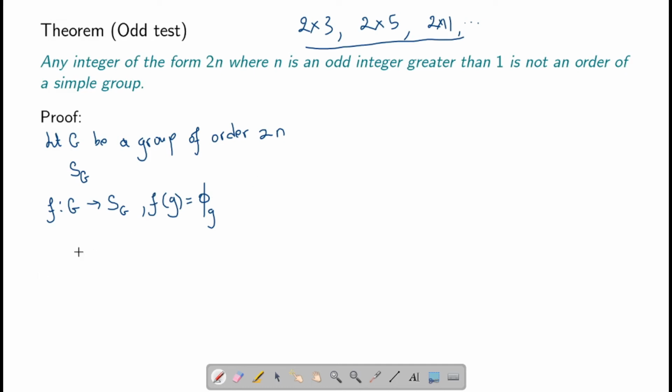And this will give me a 1-1 homomorphism, which will mean that G is isomorphic to Fg.